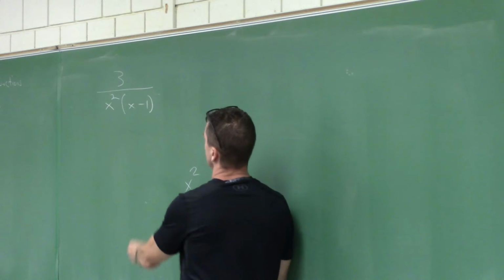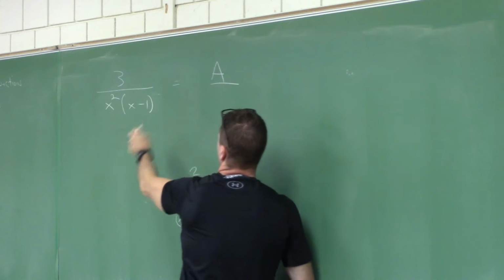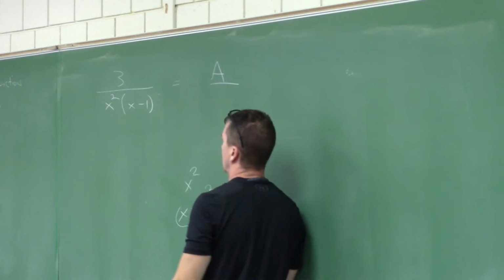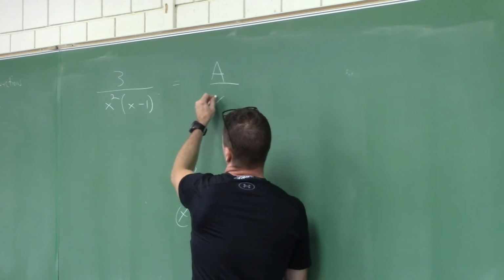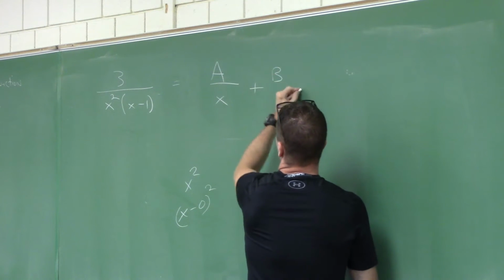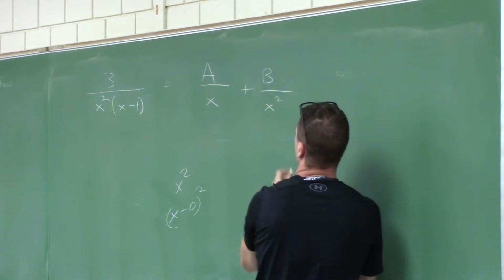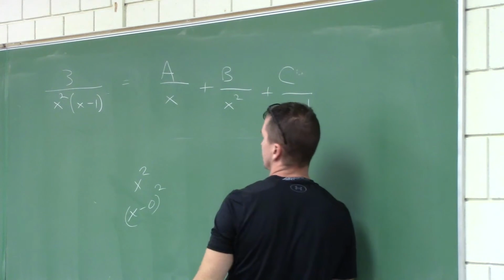And the way we're going to have to set this up is that x squared is just x times x, right? I'll put an A over a solo x plus a B over an x squared plus a C over an x minus 1.